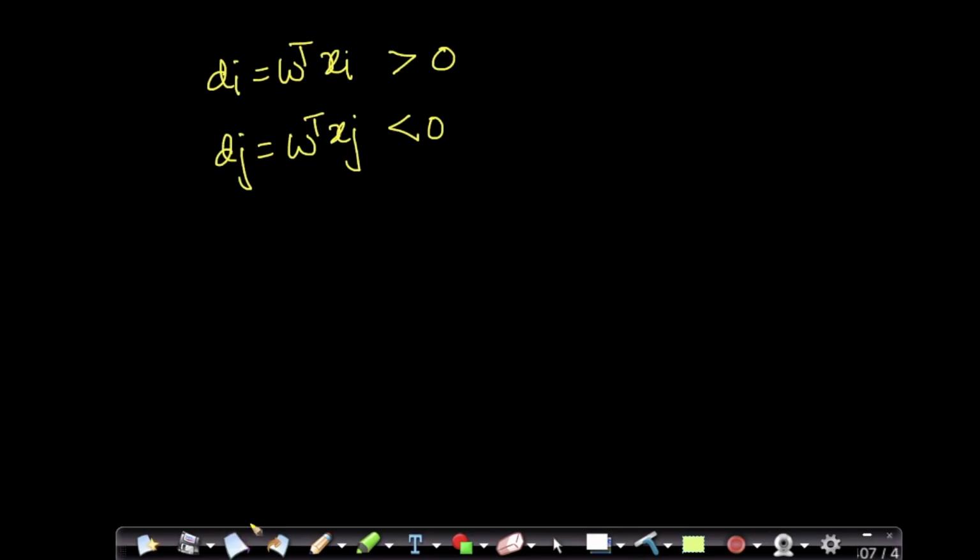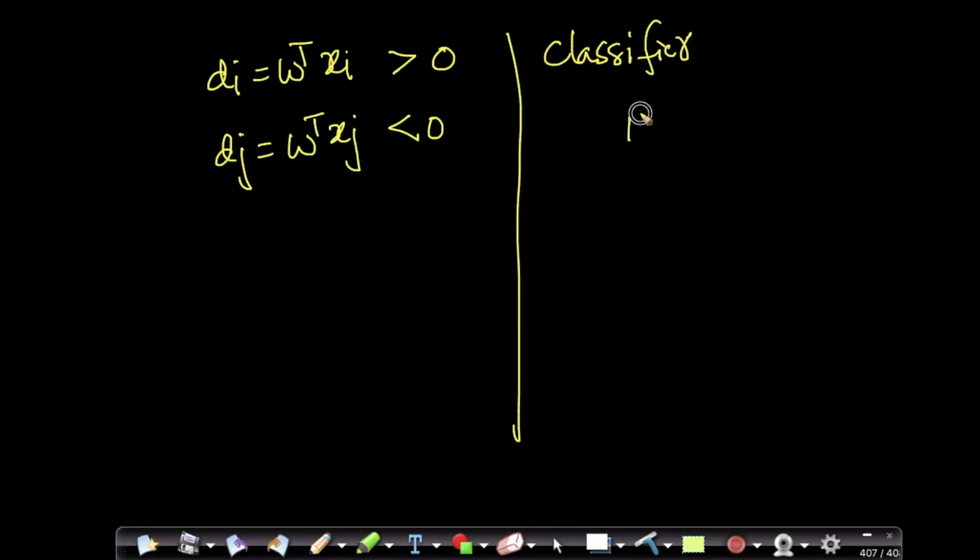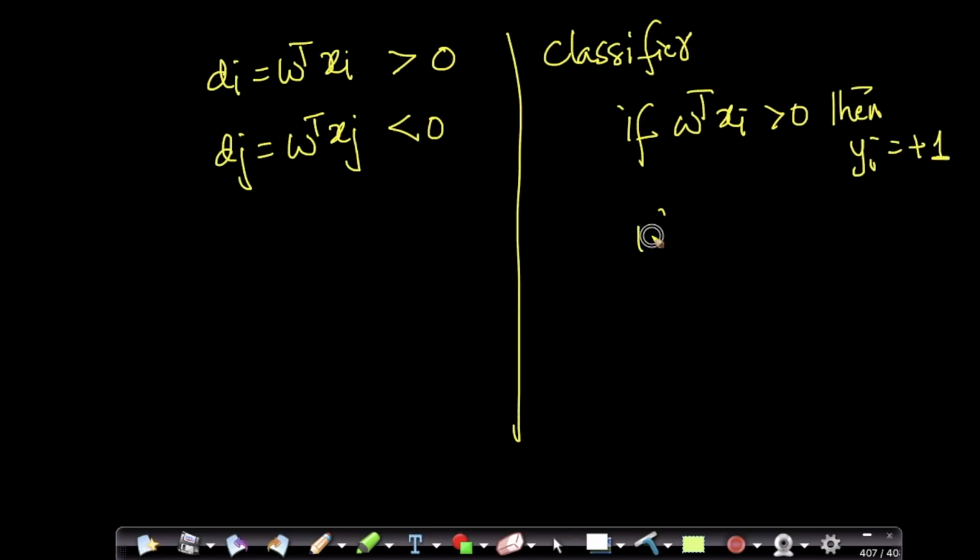So how does my classifier look? My classifier says, if W transpose Xi is greater than 0, then Yi equals +1. If W transpose Xi is less than 0, then Yi equals -1.